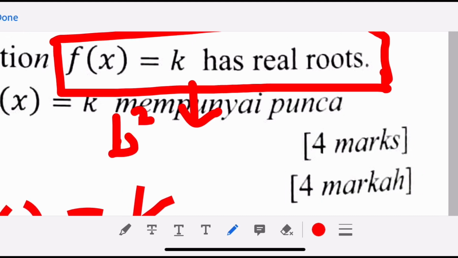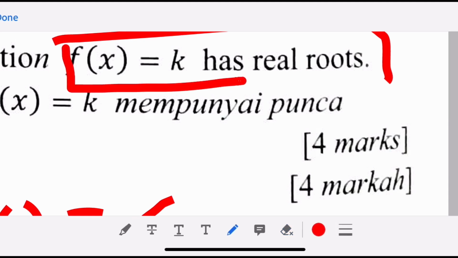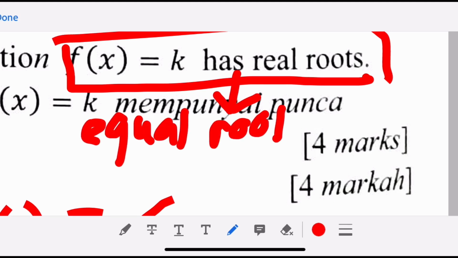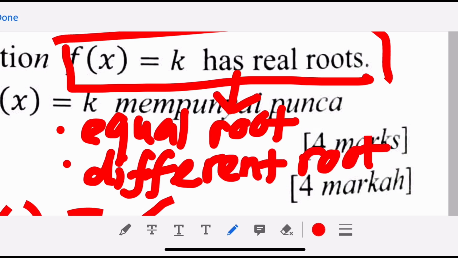Let's say the roots are 2 and 2, that is called equal roots. If the roots are x equal to 4 and x equal to 4, you can say they are equal roots.